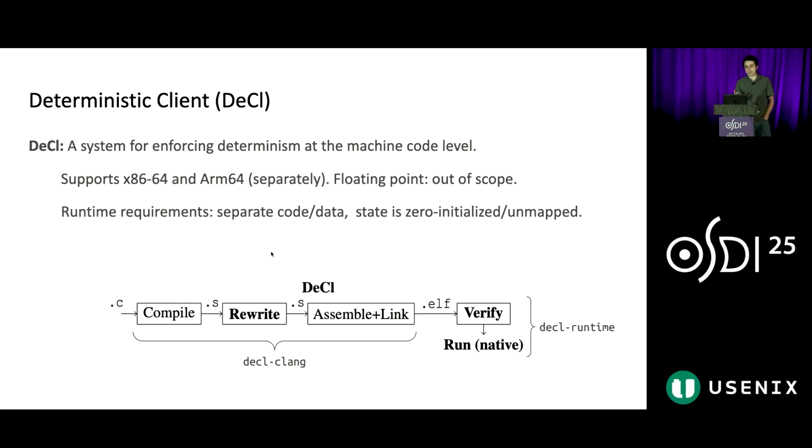Now, if you're familiar with SFI systems, this overall architecture probably looks familiar. We're going to have a modified compiler, a special version of Clang that does some rewrites at the assembly level, at the .s file level in the compiler, and then it produces some code that's been rewritten such that it's verifiably deterministic.